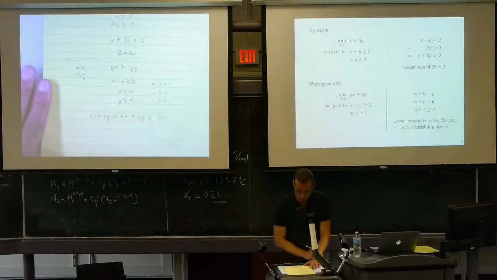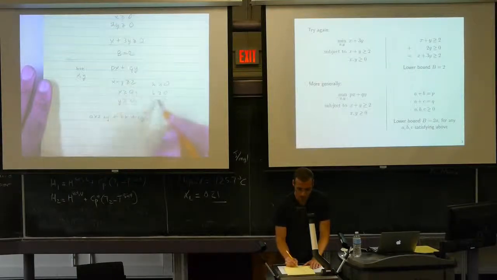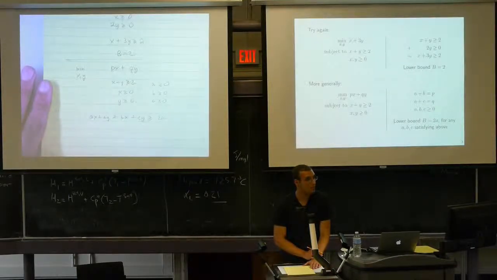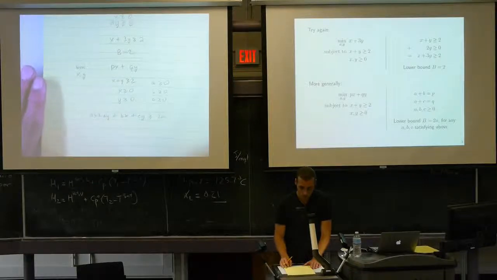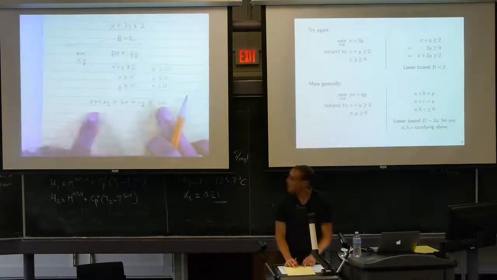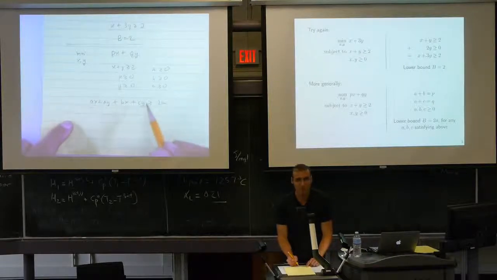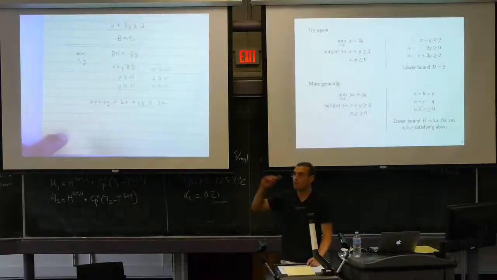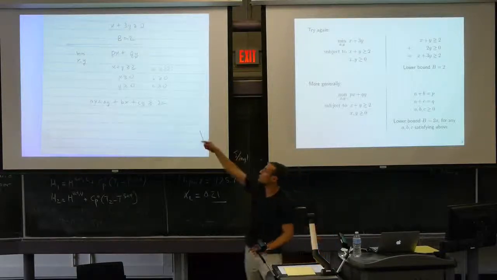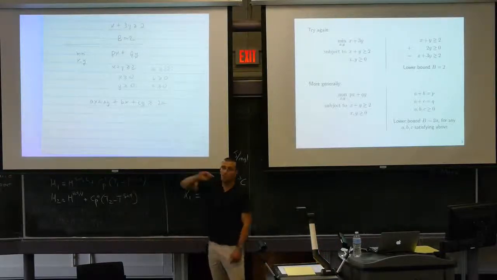That came from the first constraint. And then plus nothing, because I have b times 0 and c times 0. So this is the lower bound for this quantity. 2a is always smaller than or equal to this quantity, as long as x and y are feasible for this linear program. That's all we've said. If x and y are feasible for this linear program, then 2a lower bounds that quantity.